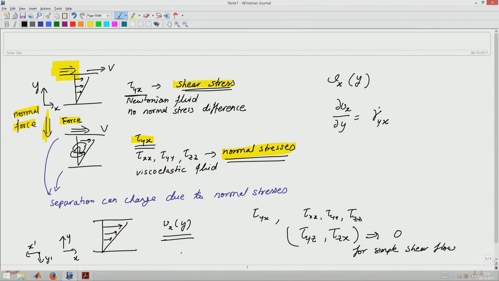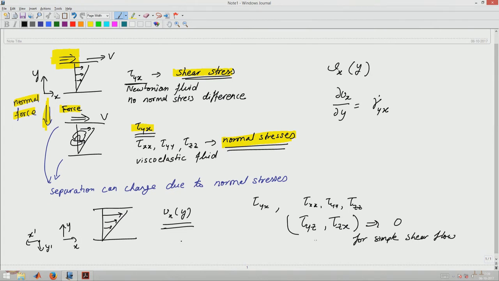Using these kinds of arguments, it can be shown that the normal stresses will be the only stresses present, while the shear stresses associated with tau yz and tau zx will be 0. So, based on material symmetry, this can be shown.